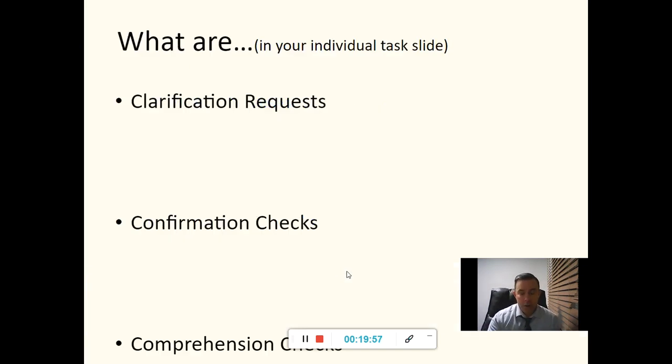So in your individual task slide, this is another task for you to complete. Exactly what are clarification requests, confirmation checks, and comprehension checks in your own words, okay? And what's going to happen again is you're going to hit pause while you do that. Please hit pause. You're going to go into your task slide and you're going to write your own answers.